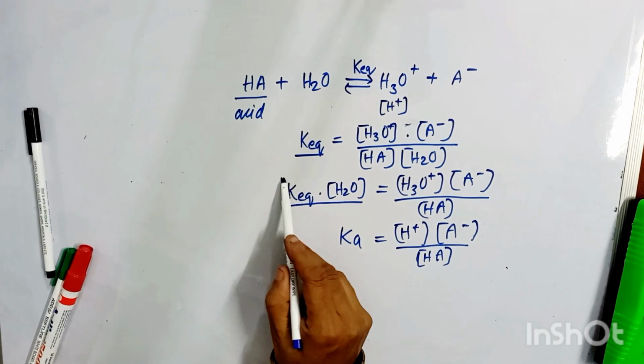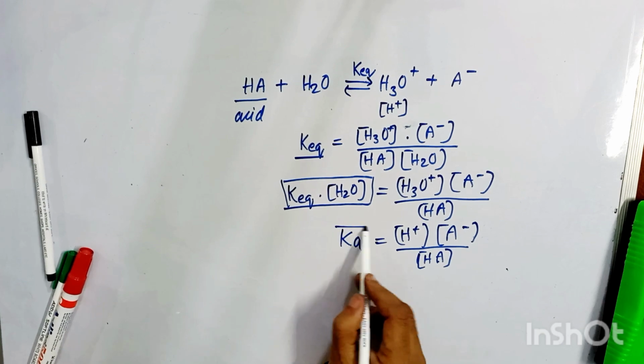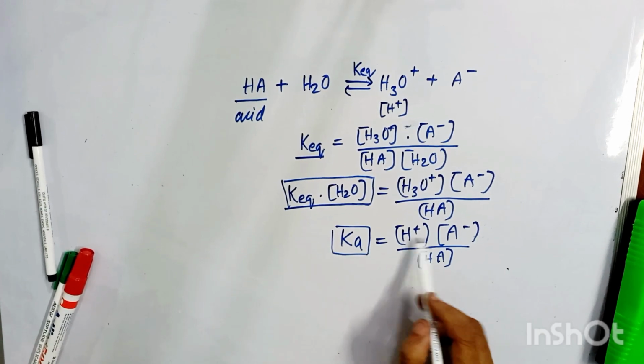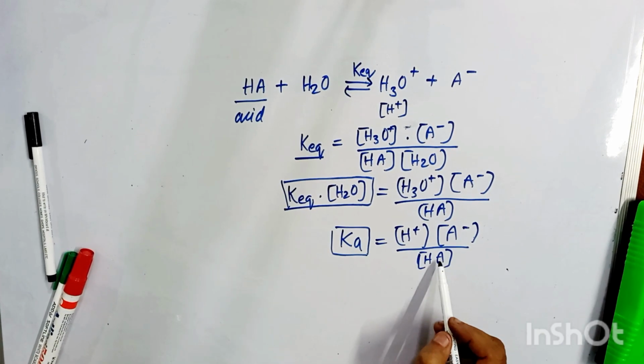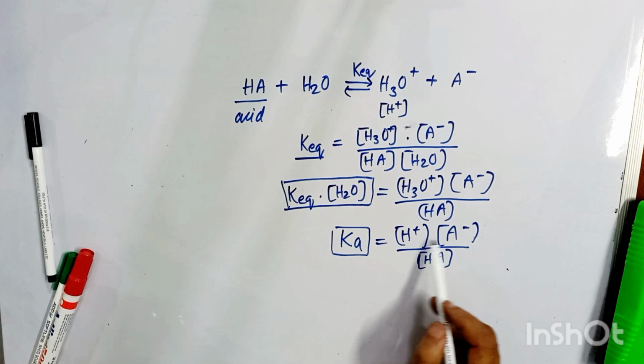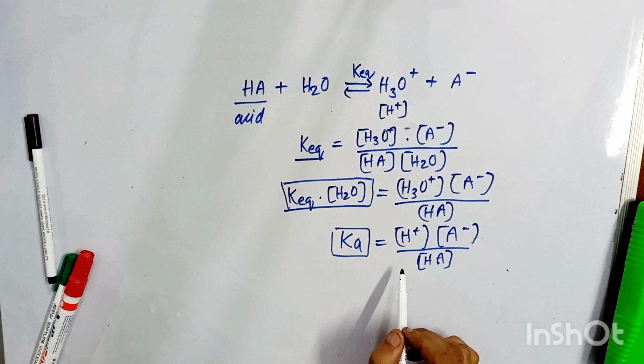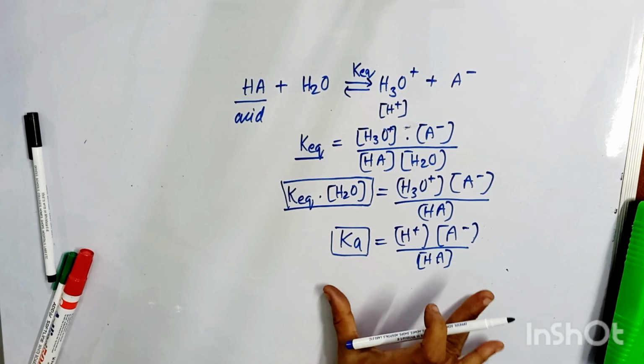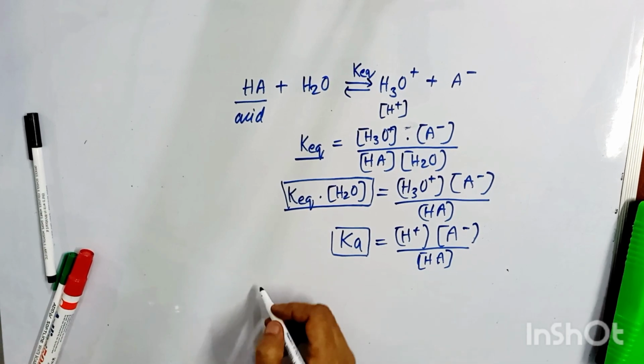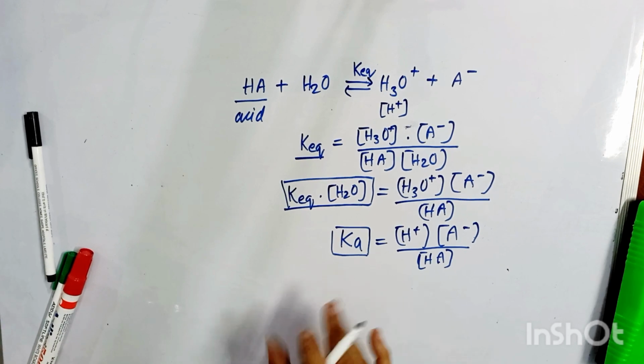This Keq times H2O is called the acid dissociation constant because this acid is now broken down into two ions. So what is the acid dissociation constant? It is very simple.